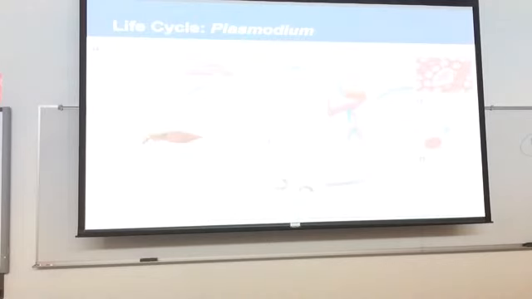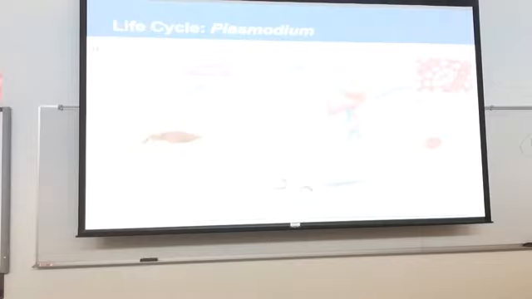So malaria starts off in a female mosquito, and the female begins to make sporocytes. Sporocytes are these haploid gametes that eventually will make their way to the mosquito's salivary glands. They don't necessarily have a reproductive process just like ours.